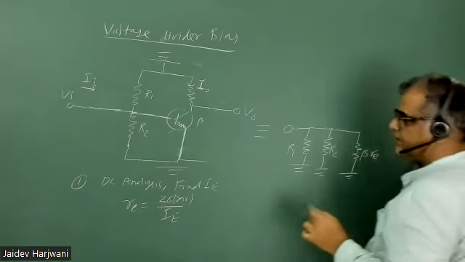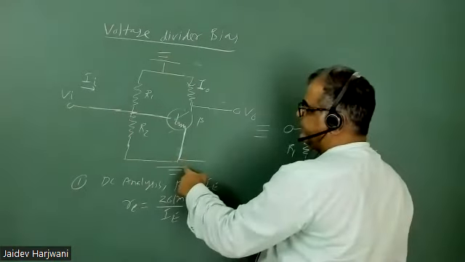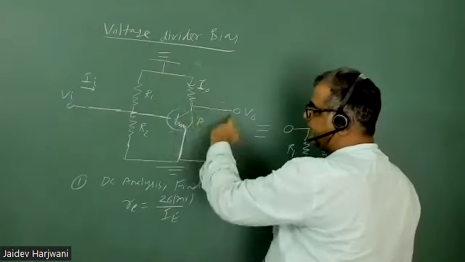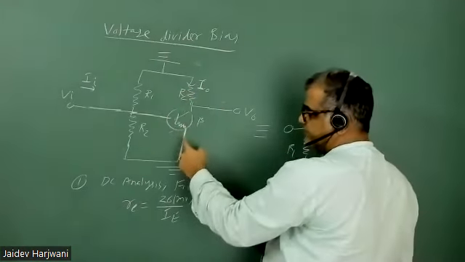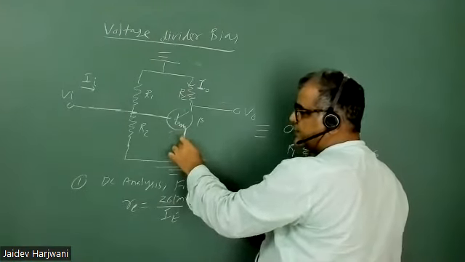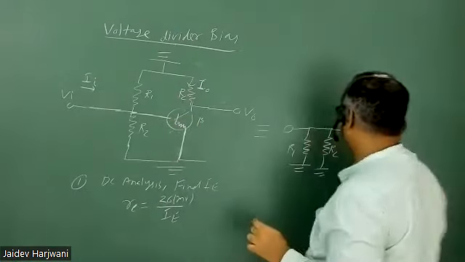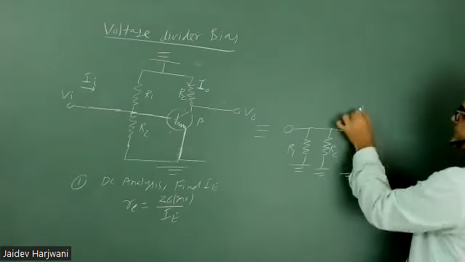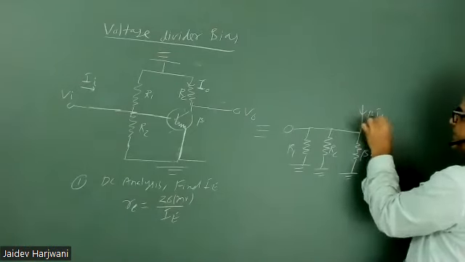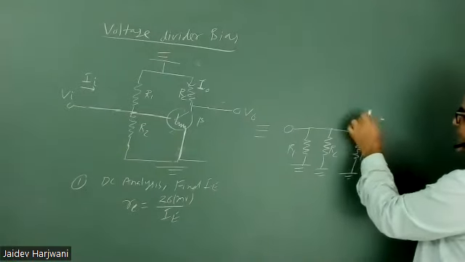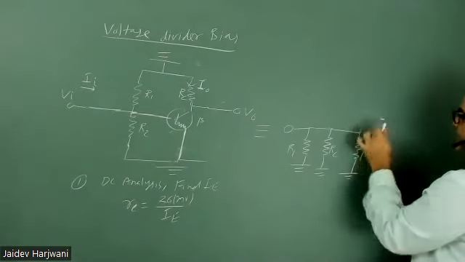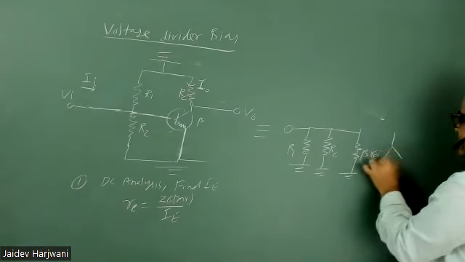Now here this is grounded, so I can directly separate this output also. Otherwise, if there is a resistance there, then you cannot separate this one. Now this is your IC coming, beta IB coming here. I can make this beta IB separate because this is grounded.